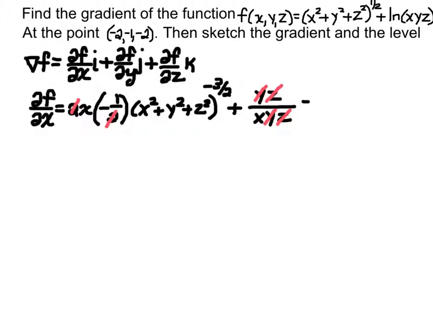And we get that this is equal to negative x over (x squared plus y squared plus z squared) to the 3/2, plus 1 over x.